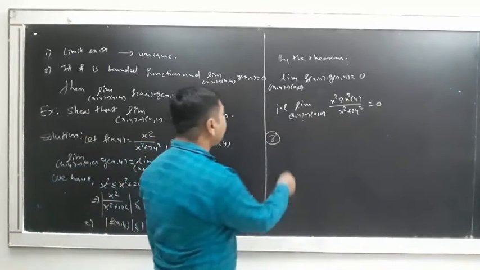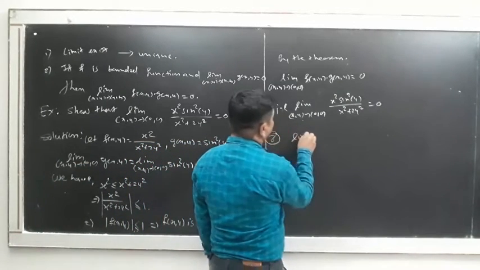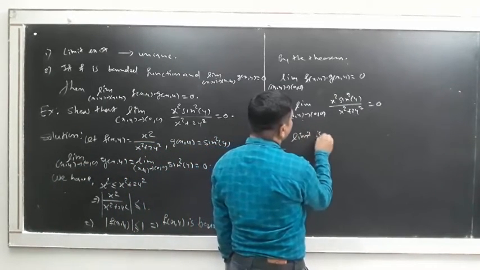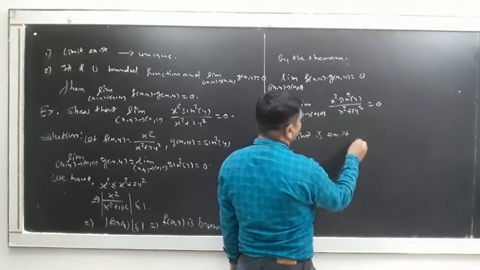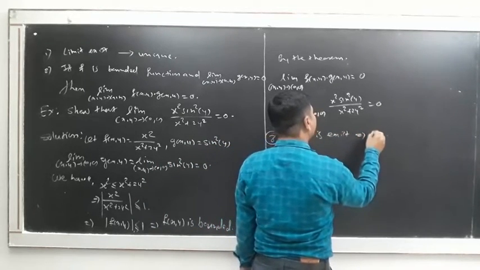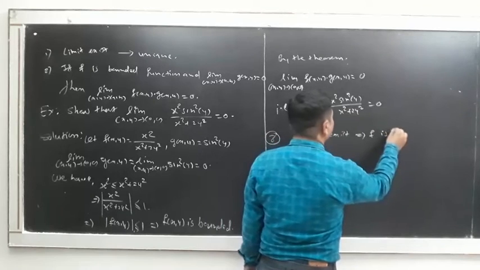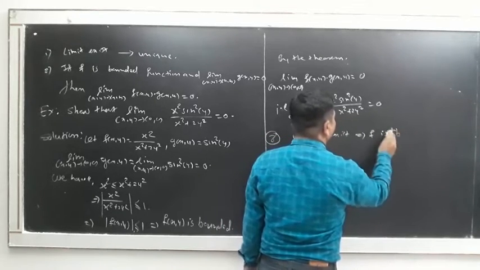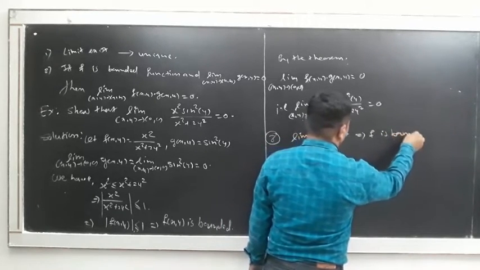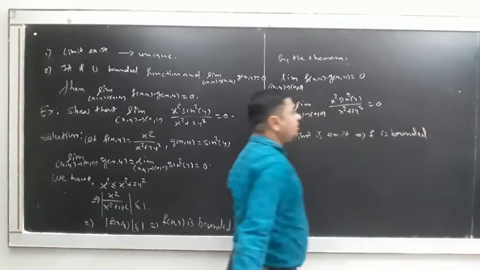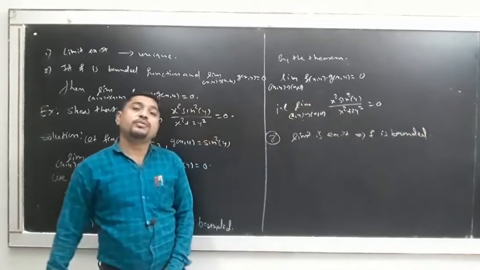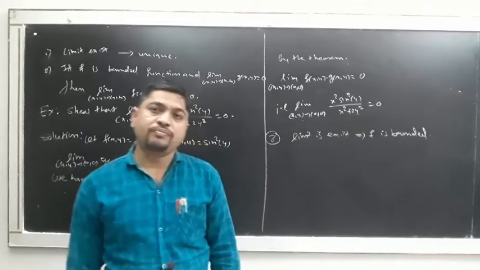That is, if the limit exists, then it implies f is bounded. If the limit of the function exists, then this must be bounded.